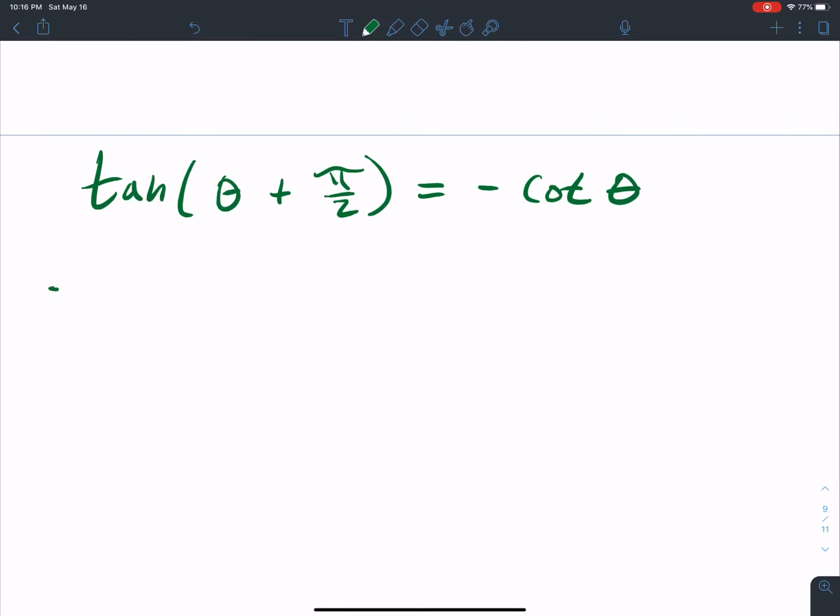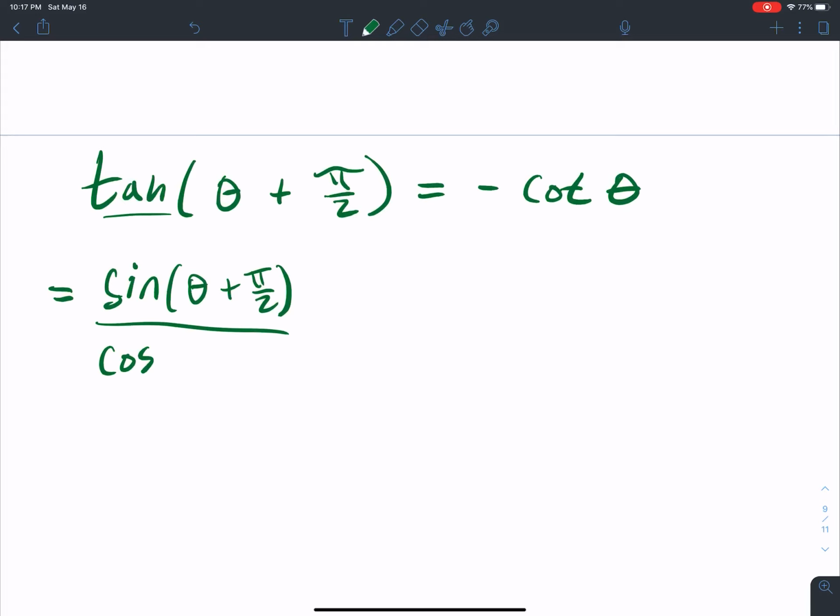Well, let's turn tangent into sines and cosines. So let's do the sine of theta plus pi over 2 over the cosine of theta plus pi over 2. Okay, so what does this equal?